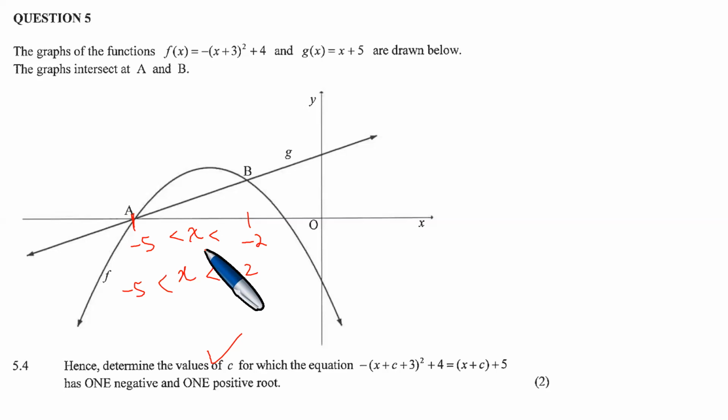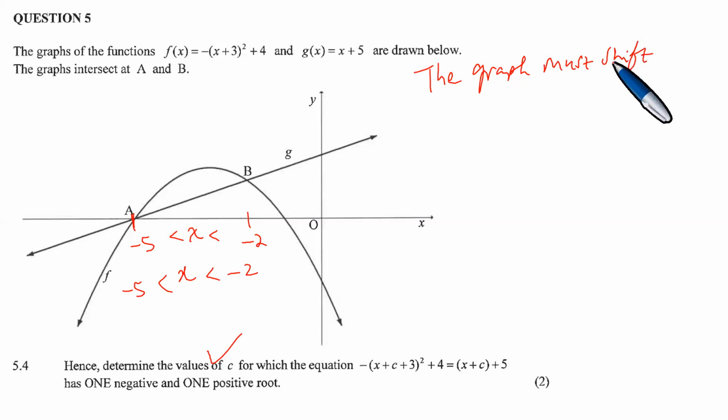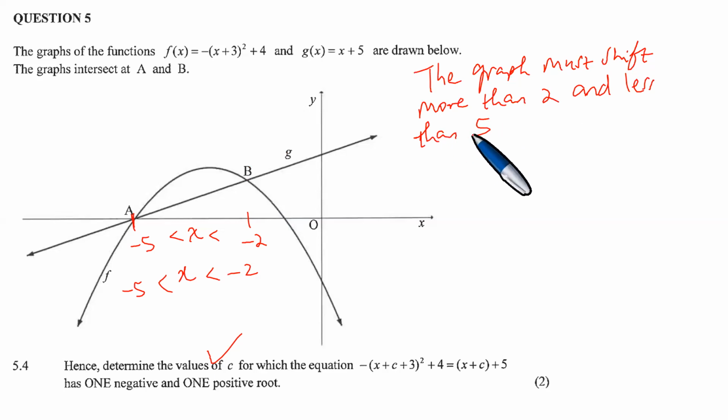So what is happening exactly here? So we note therefore that the graph must shift more than two units, and less than 5 units to the right.